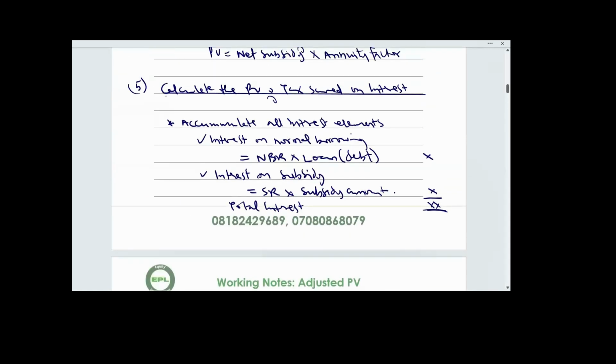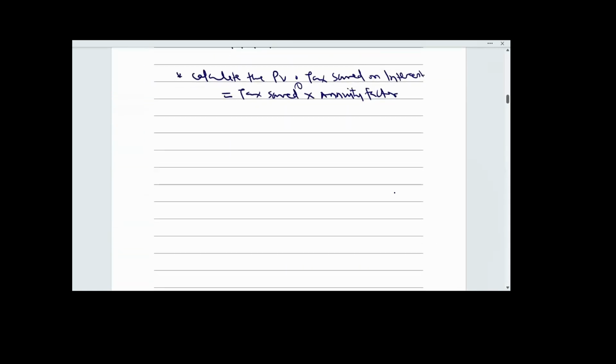Then you move to step 6. Step 6 is to calculate PV of financing effects cash flow.